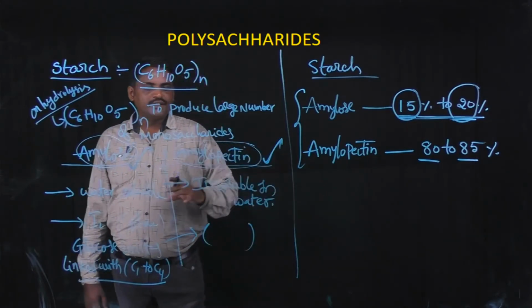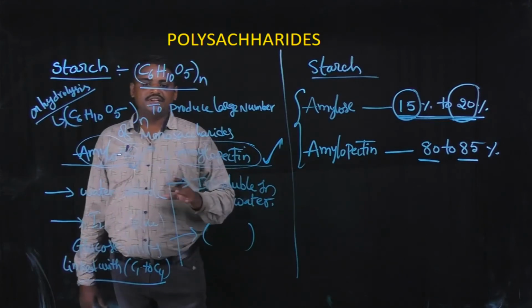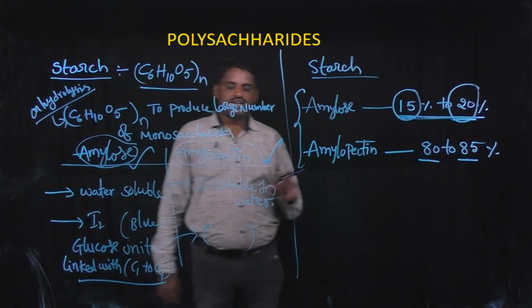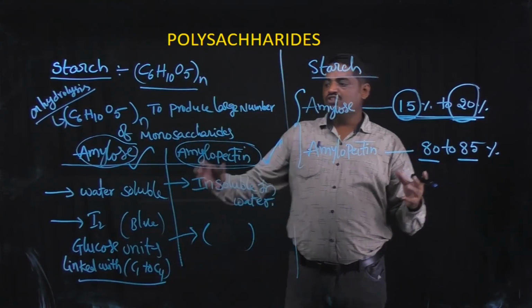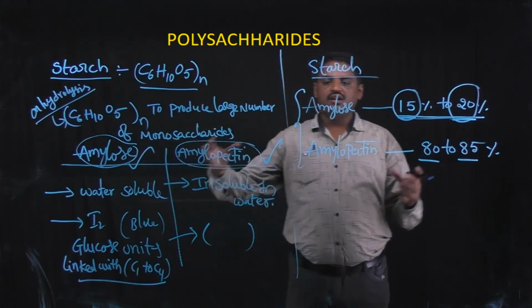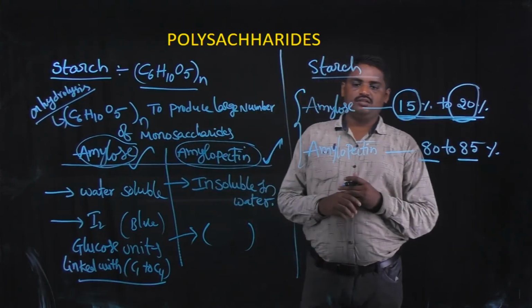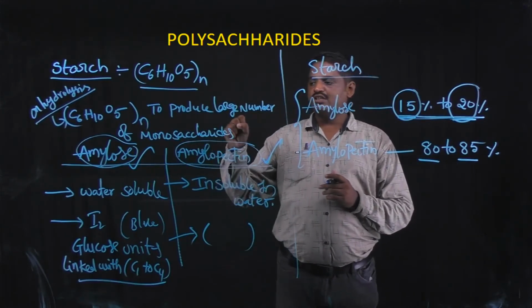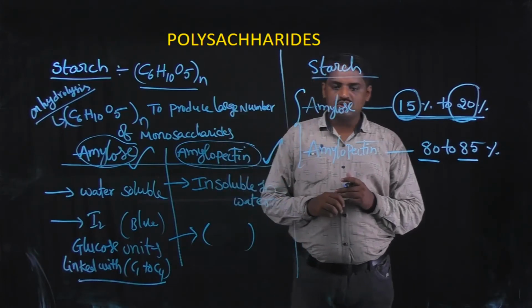So amylopectin is a major ingredient in starch. Generally, starch contains two units, amylose and amylopectin. Amylose is completely soluble in water, but amylopectin is not soluble in water. These are the two different properties of the two components in starch.